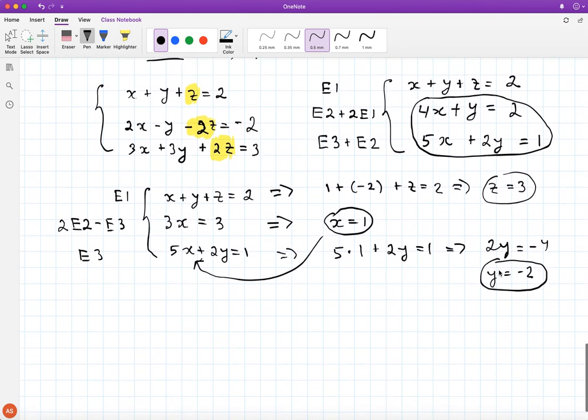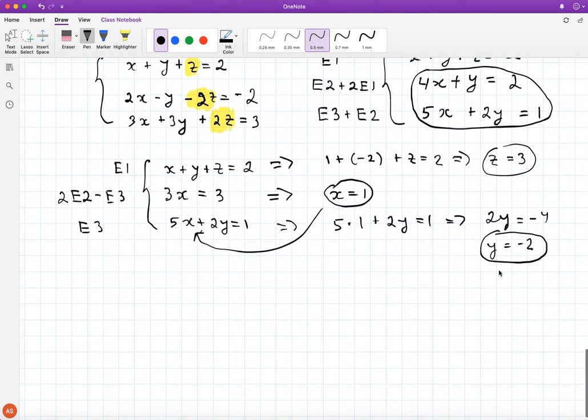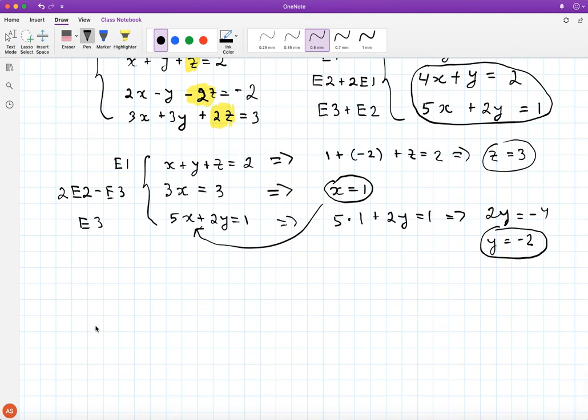We obtained the values for all of our 3 variables, and we found that our system has a single solution, which is the triple 1 for x, -2 for y, and 3 for z.